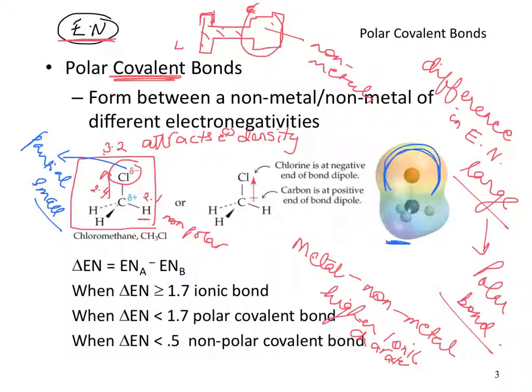How else can we depict this? We can depict that using this arrow which is pointing towards chlorine. The base of the arrow is at carbon, the arrowhead is at chlorine. And that tells you that chlorine is the negative end of what is called the bond dipole. So if somebody asks you, is chloromethane polar?